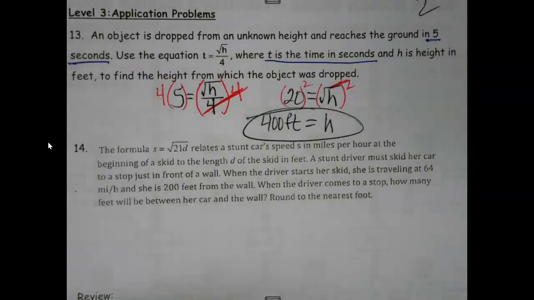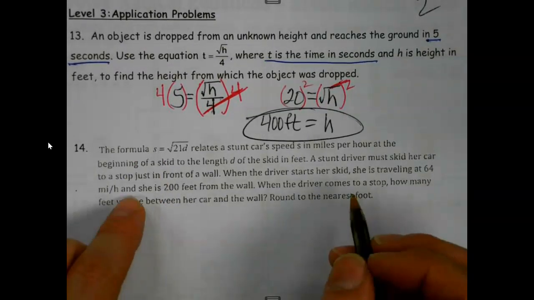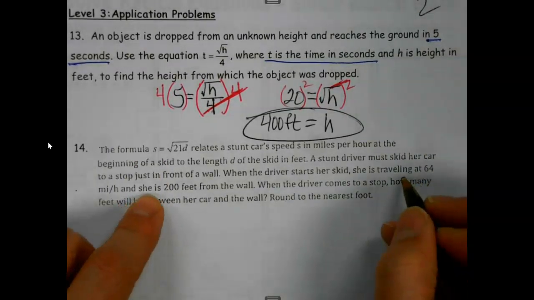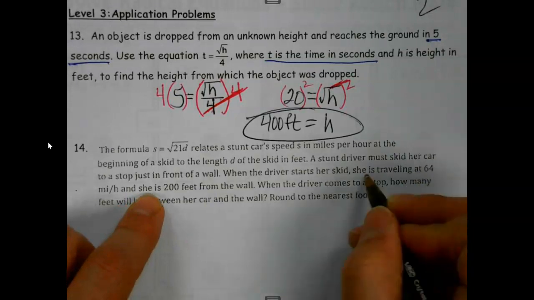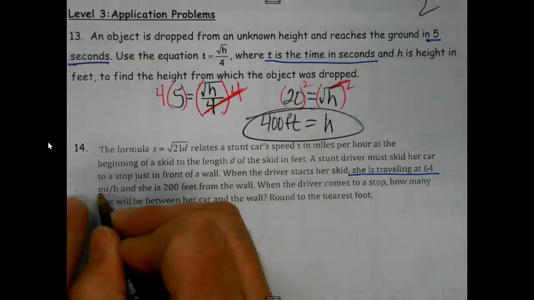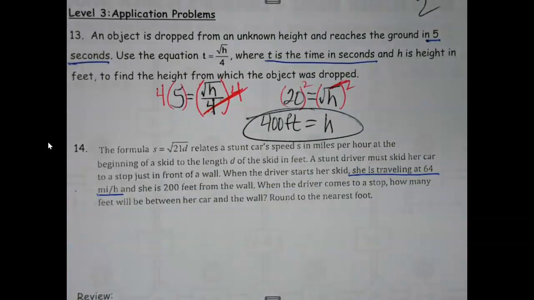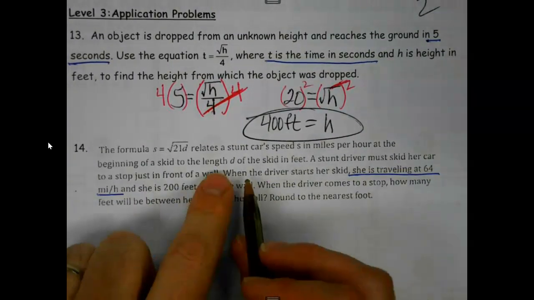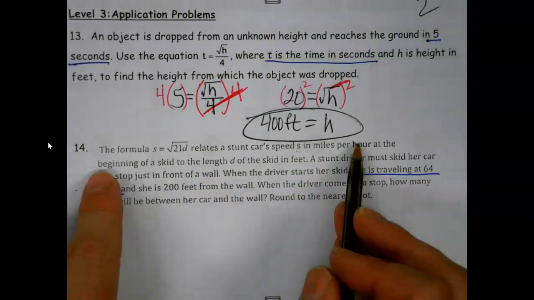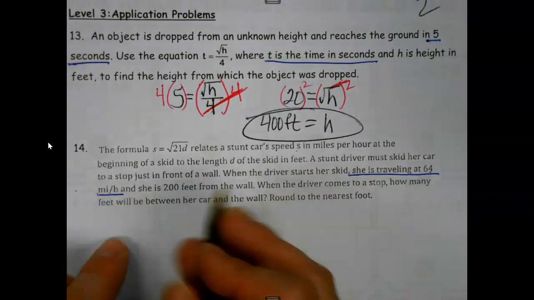Okay. So here's my formula. Let's find the number. She's traveling at 64 miles per hour and is 200 feet from the wall. S is speed in miles per hour, so 64.